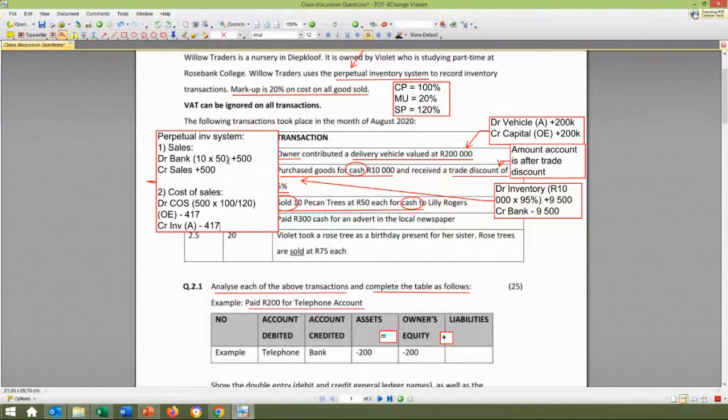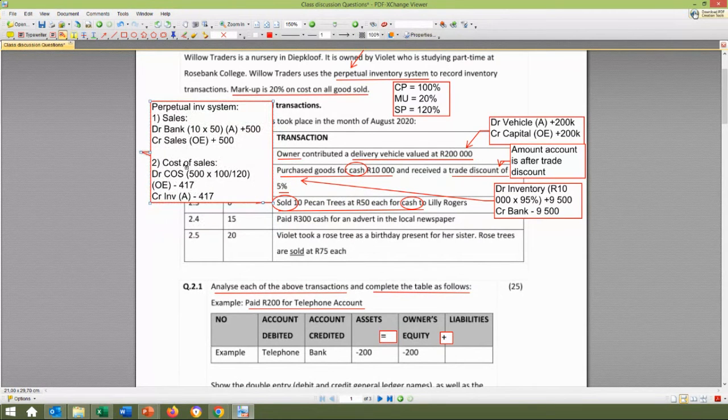Bank is also an asset account, and sales also goes to owner's equity, but because our profit is increasing, it will increase our owner's equity. And that is how you would account for the sale using the perpetual inventory system. If it was the periodic inventory system, this second entry would not be there. Okay, we would only have the first one.